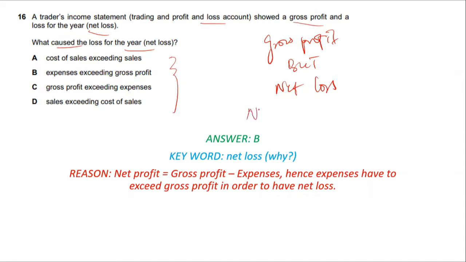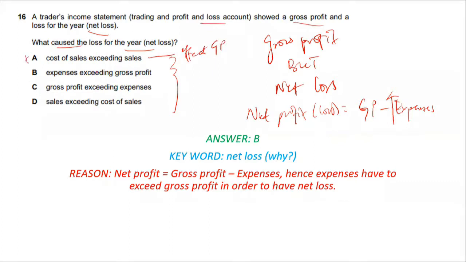So how do you calculate net profit or loss? Net profit or loss is basically gross profit minus expenses, right? So it could be only one thing here. Your expenses were more than your gross profit. So you would look for which option corresponds to more expenses. Cost of sales exceeding cost of sales, no. So this would affect GP, not net loss.